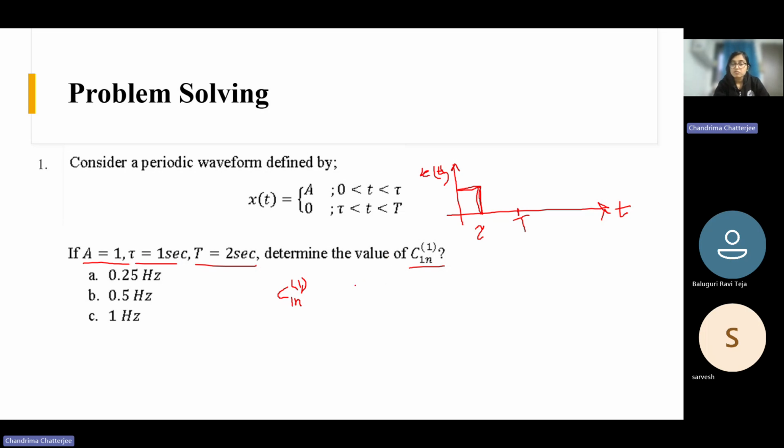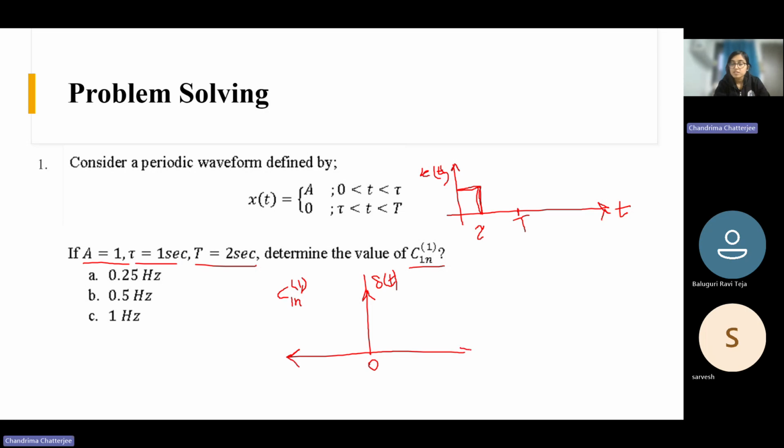You must be familiar with the impulse response of a system. This is also called the Dirac delta function, delta(t). This represents an ideal impulse function. At t equal to 0 it has infinite amplitude, but everywhere else it is 0.